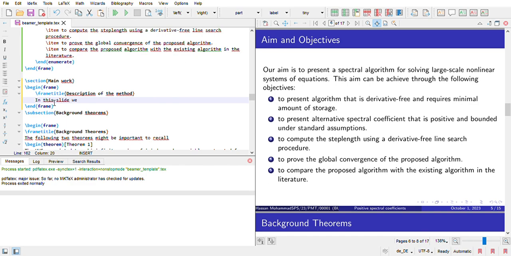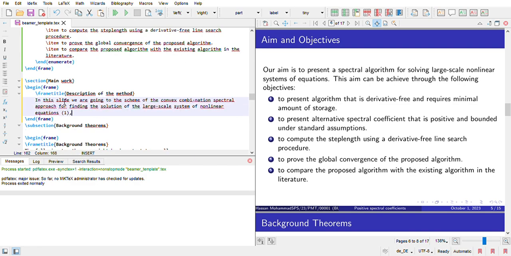We are going to present a scheme of the convex combination spectral approach for finding the solution of large-scale system of nonlinear equations.